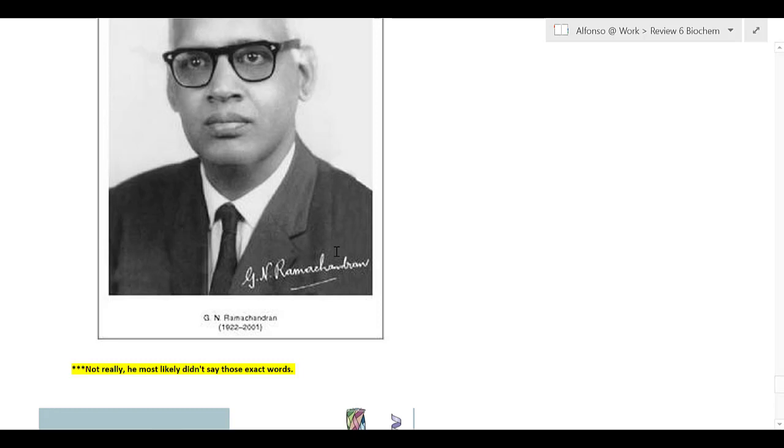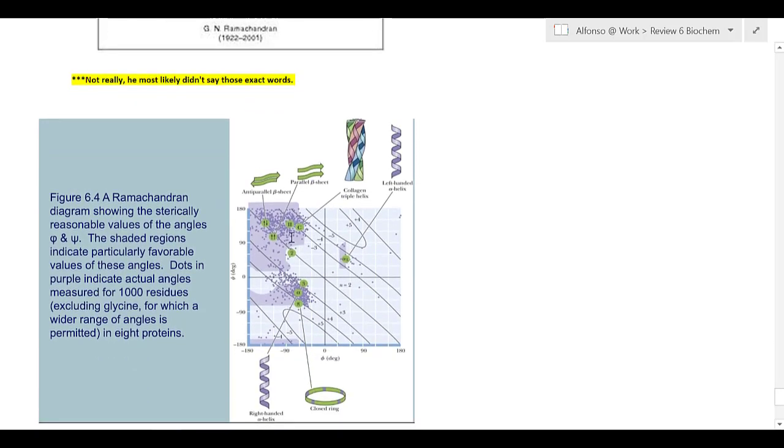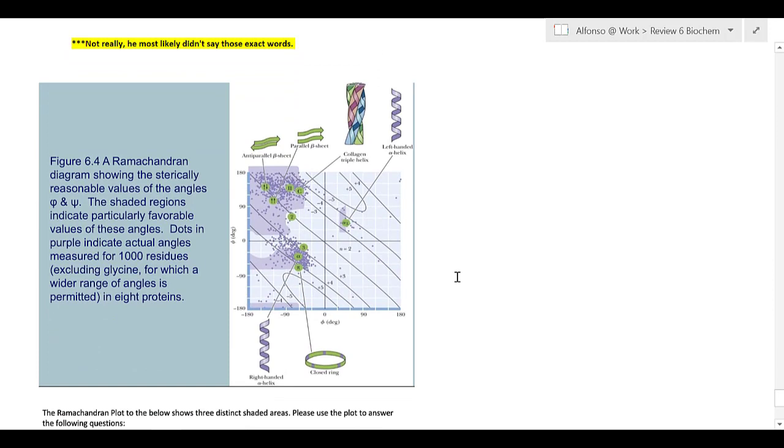Okay, so you know how we just discussed that the phi angle and the psi angle can rotate? Yes. What the Ramachandran plot pretty much says is that when the psi angle is about positive 130, and when the phi angle is about negative 100, the structure that we see is what?